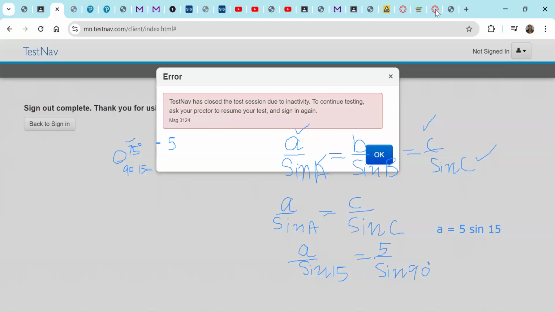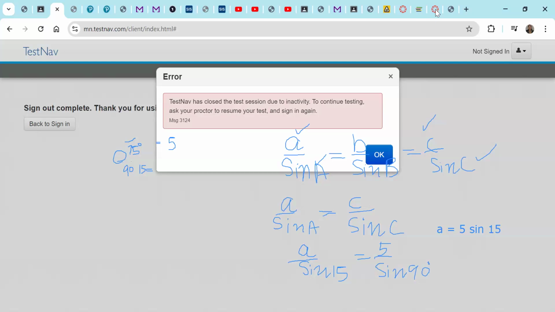I think I erased whatever I was writing when I shared the calculator. Yep, that happened. So C was 5, sine 15. So 5 sine 15, I'm going to calculate 5 times sine 15.